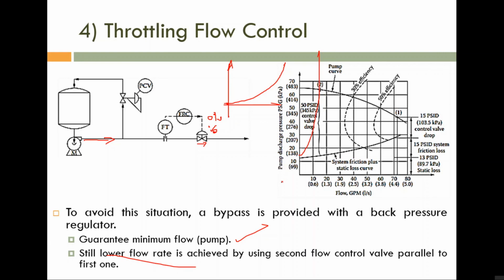The only thing is we have to use a relief valve, and if not possible, we have to use a rupture disc, always with a rotary pump. Here we use a back pressure regulator if you are using a control valve. But in a rotary pump, whatever the case, whether it is an on-off flow controller or on-off pressure controller, we have to use a relief valve. That is very important. That is the difference. Otherwise, it is similar to the centrifugal pump.